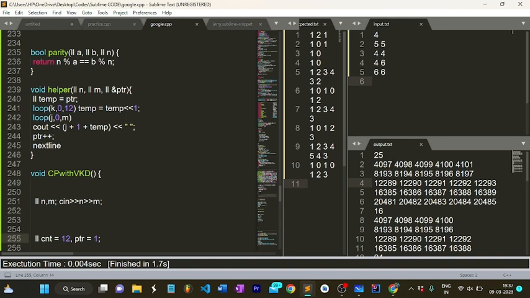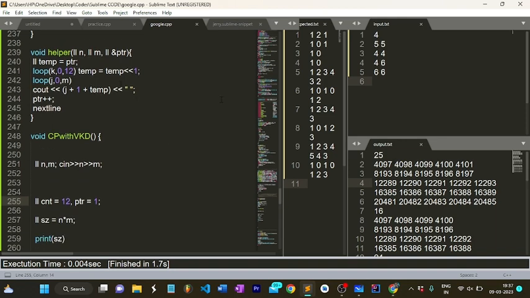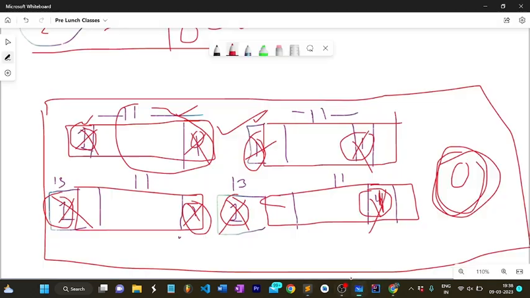So I am starting from 2 to the power 12 here. I have taken a temp variable and shifted it 12 times to the left. What you can observe here is that by left shifting the number 12 times, the 12th bit will get set. This will be set in the first number.